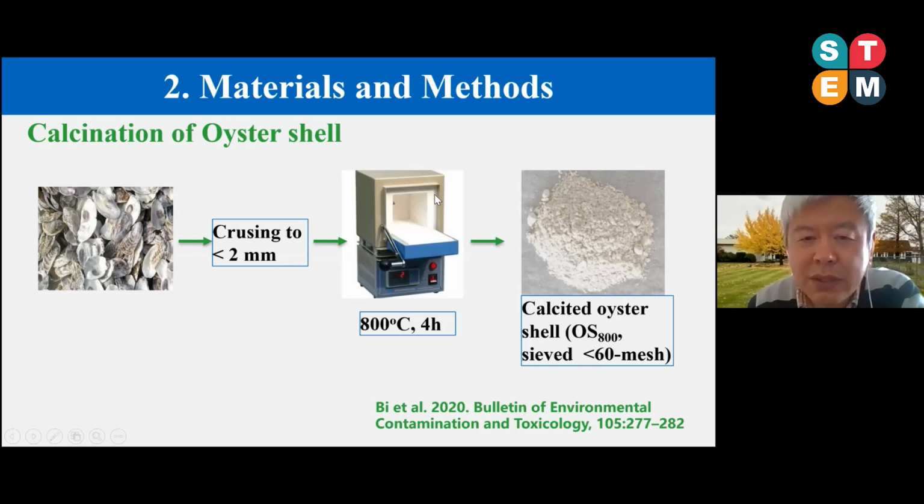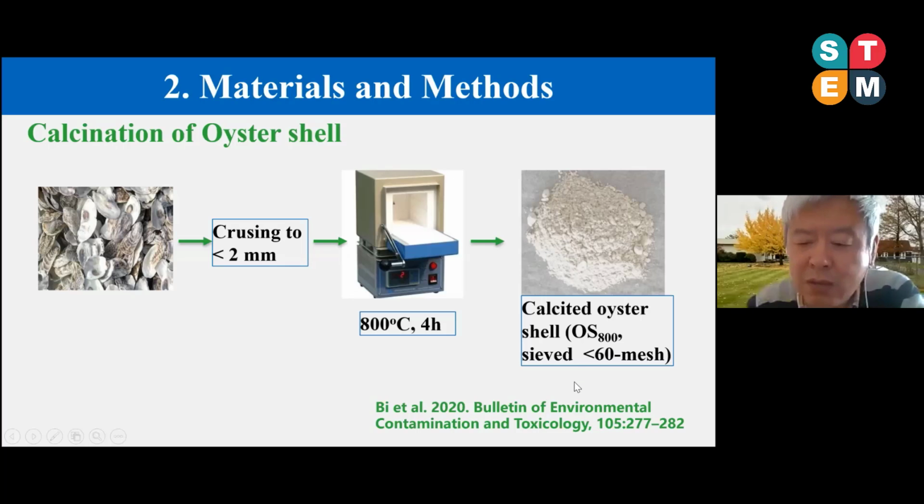So this whole process from the oyster shell to calcined oyster shell is a relatively easy process of heating, and some details of the work have been mentioned in this publication, Bulletin of Environmental Contamination and Toxicology.